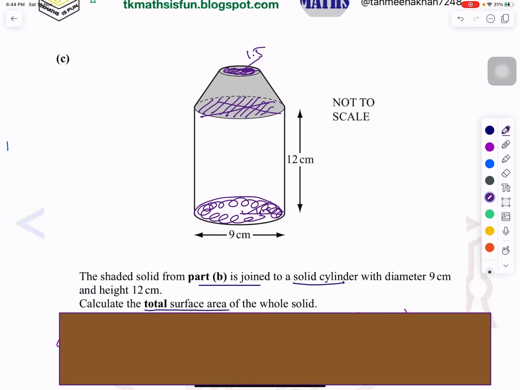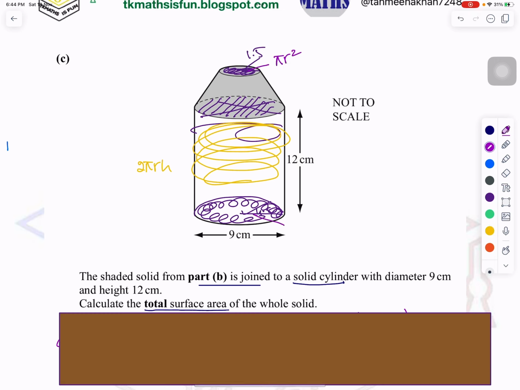Beside that, you will find out the curved surface area of this big circle, all around it, which is 2 pi RH, and for this one it was pi R square. This is also pi R square. Beside that, this curved surface area of this thing.